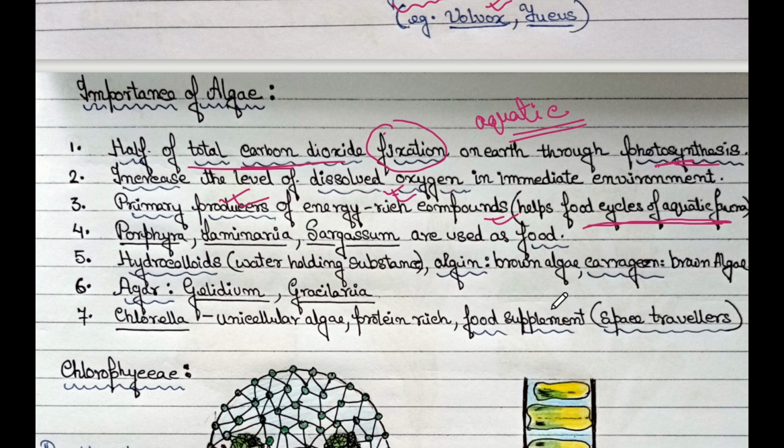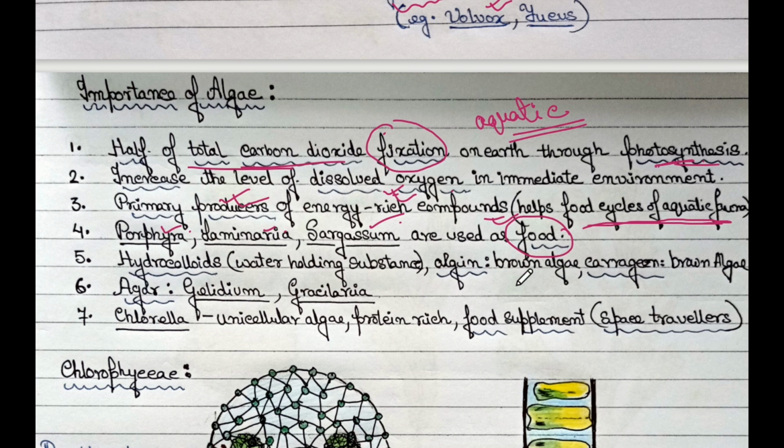Like plants help us in our food cycle, in aquatic fauna the primary producers are algae. There are three types of algae, Porphyra, Laminaria and Sargassum, which can be directly used as food.